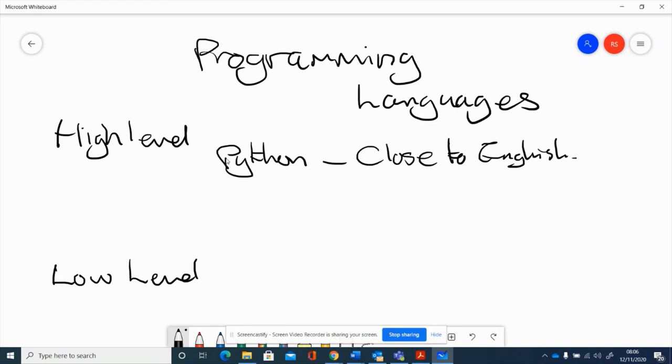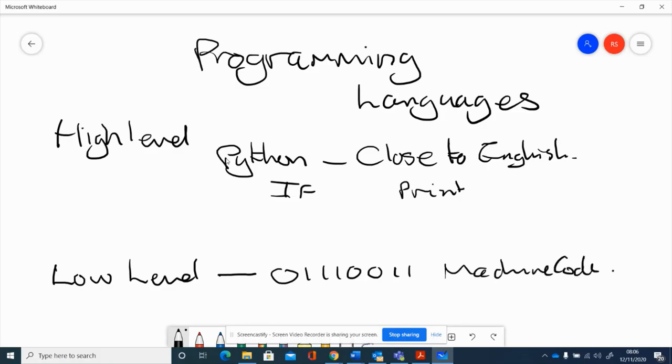So our commands, such as if and print and other commands like this are English terms. They are not close to what the processor uses. The processor uses only low-level language. As you know, as we've talked about lots of times, it only uses noughts and ones, so it uses binary, and we call that machine code.